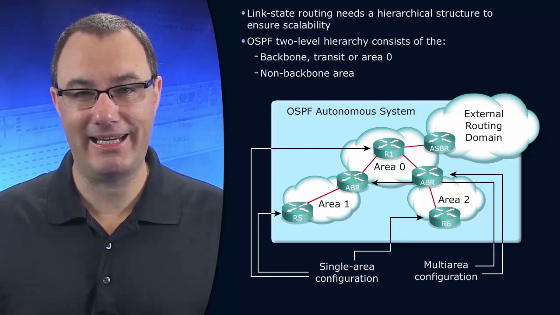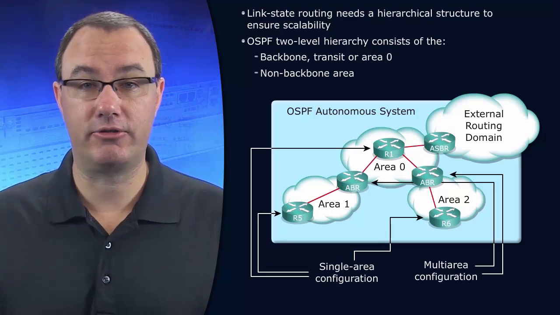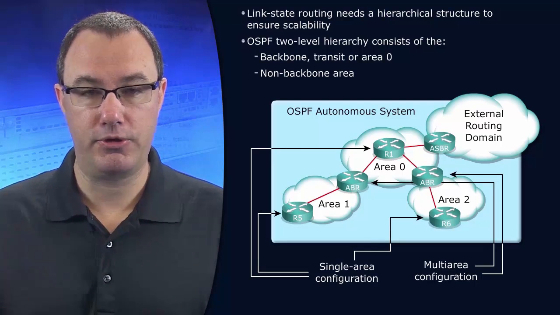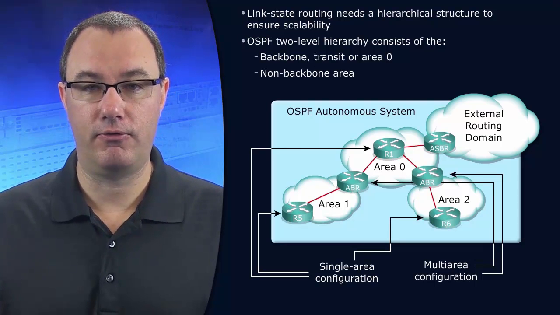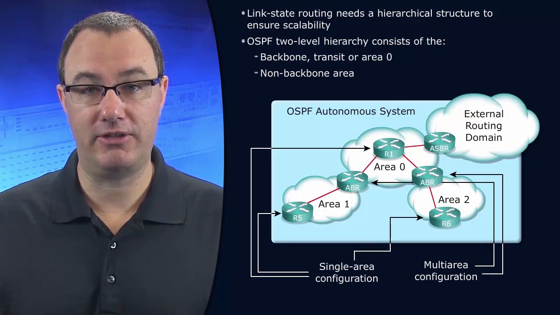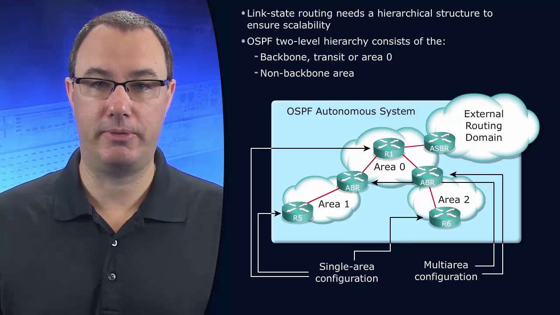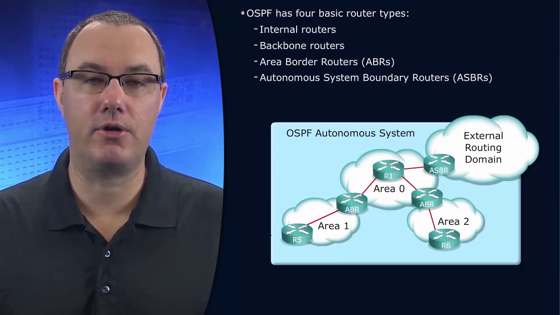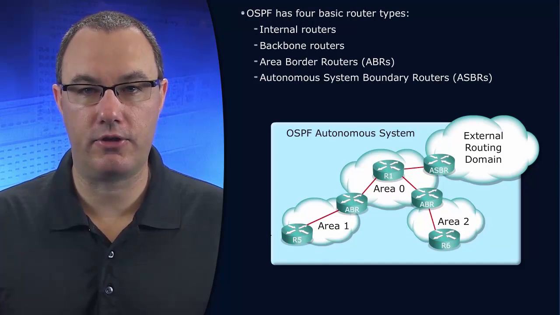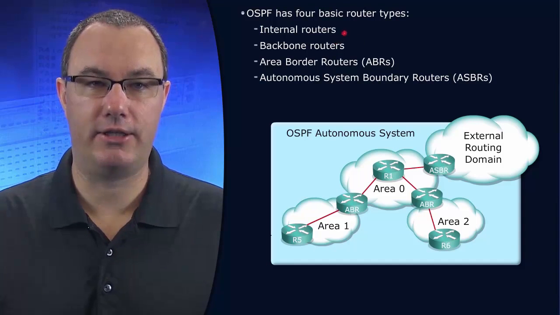If we have too many routers, we probably have too many networks and too complex a topology with too many options. So what we do is we simplify it for OSPF, and by simplifying it through area design, we make OSPF much more scalable. OSPF's hierarchical structure gives us a few different router types that we need to be mindful of. Let's look at them.